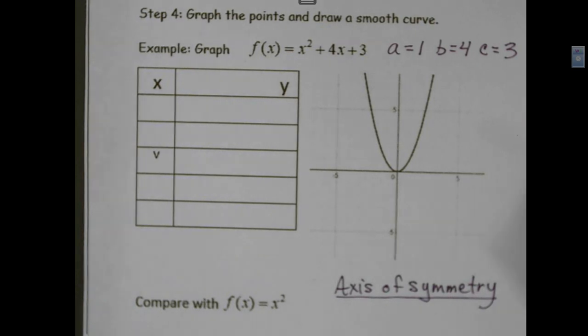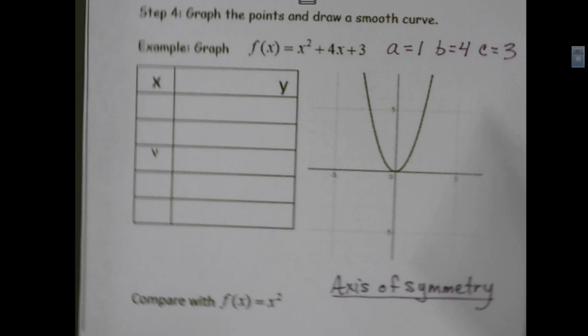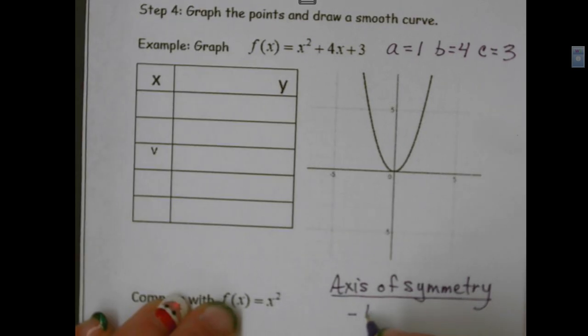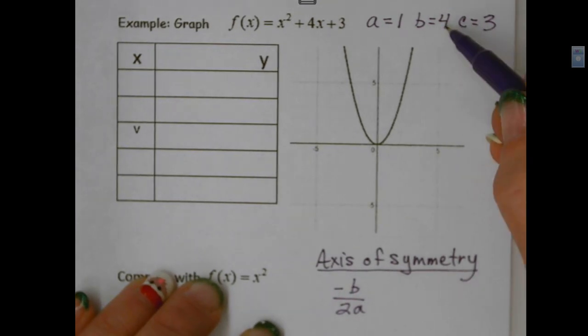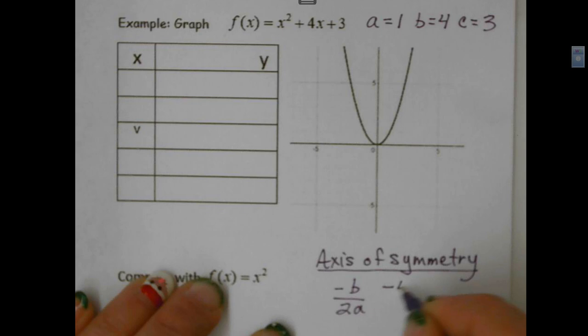Okay, so now that we have our A, B, C, our formula is negative B over 2A. So the opposite of B is negative 4. Divided by, the denominator is to take 2 times A. Now 2 times 1 is 2.